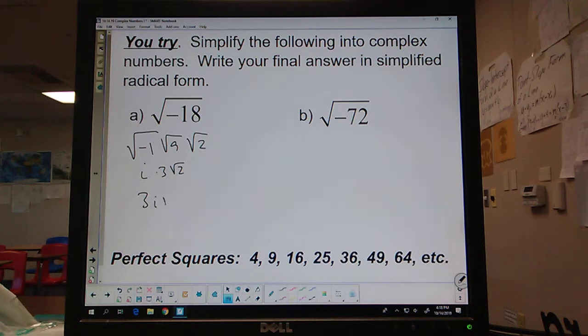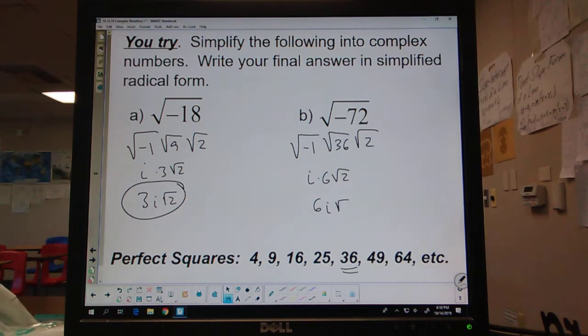Final answer, 3I radical 2. On this one, I would have said radical negative 1 times 36, radical 36 times 2, because 36 is a perfect square, and 36 times 2 makes 72. Okay, so that's I times 6 radical 2, or 6I radical 2.